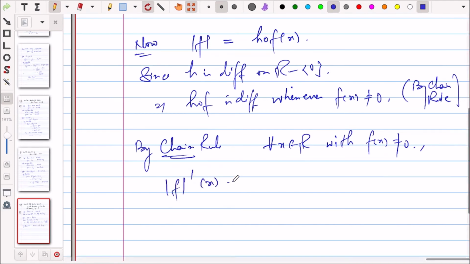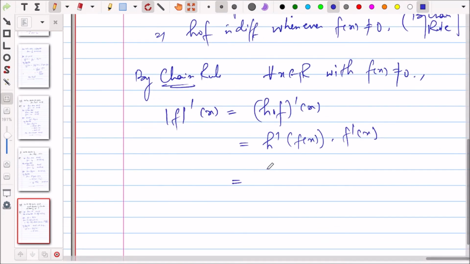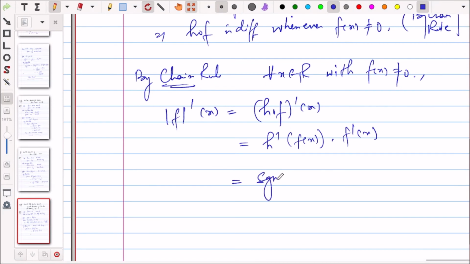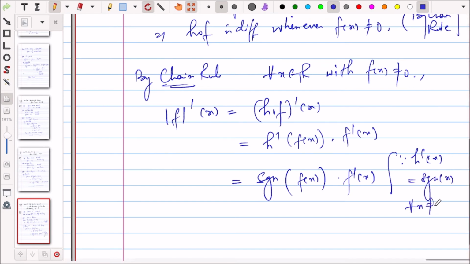f dash x is equal to h dash fx into f dash x. So this is nothing but, now h dash क्या है? Signum function of f, right, since h dash x is equal to signum function of x for all x not equal to 0.